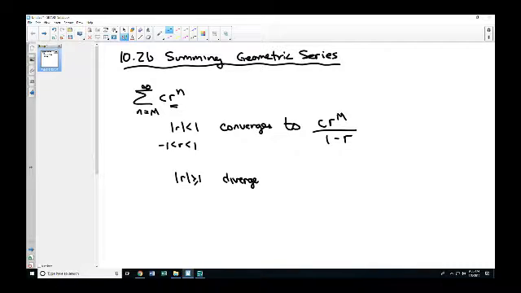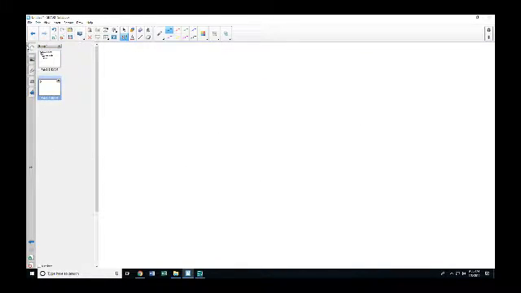Let's look at a couple examples. And here's one. Geometric series will come in many formats. What you have to do is manipulate things to make them look like a geometric series.